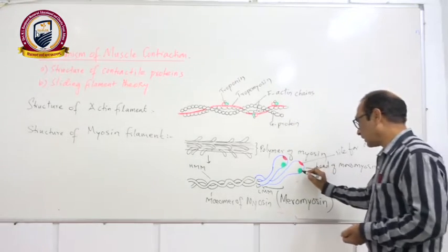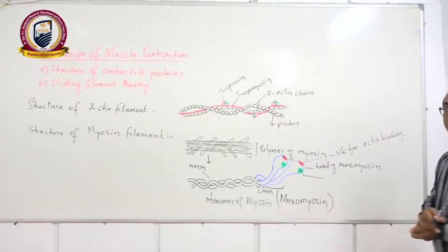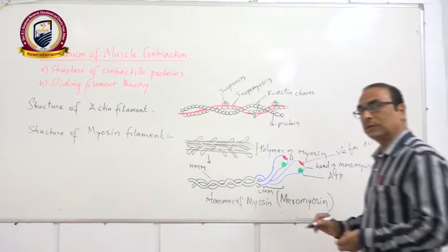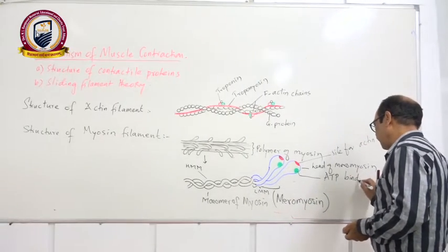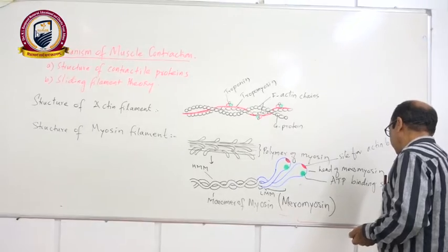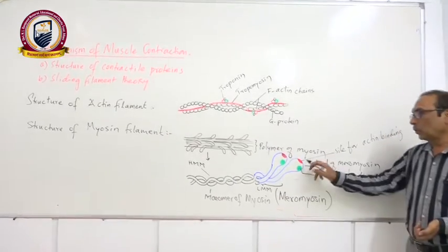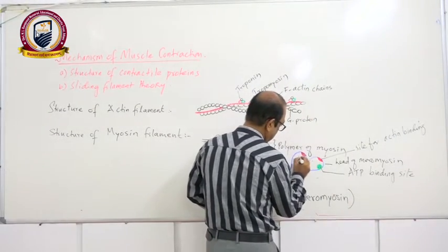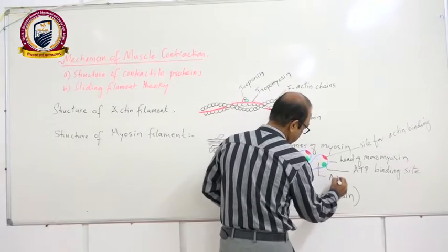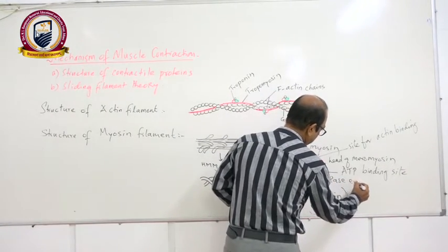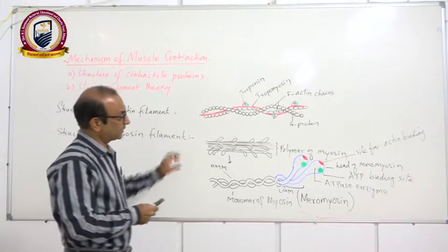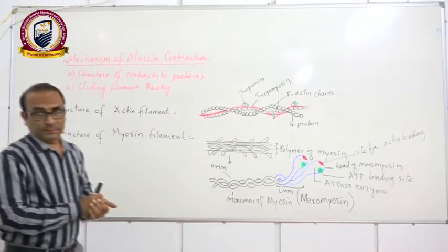Another side, which I have drawn here in green color, is the ATP, adenosine triphosphate, binding site. These are very important regions in the head of the meromyosin, and the head also contains an enzyme called ATPase. Meromyosin molecules together make up the thick filament. We call it the myosin filament.